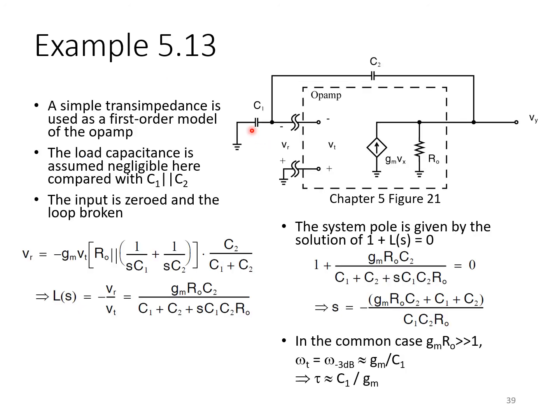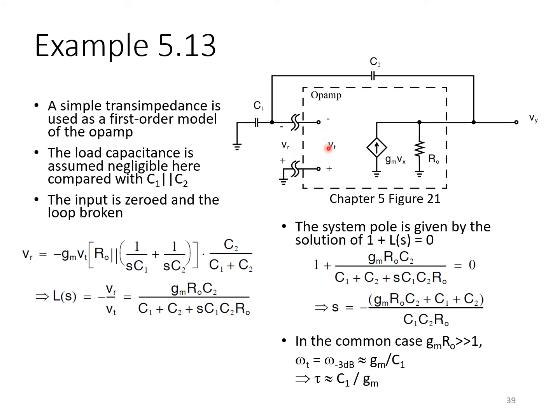Now, the analysis is more properly done by using a first order model of the op-amp and substituting it into the schematic. Moreover, we can set the independent source at the input to 0, that is, shorting it to ground, and we end up with a simple first order feedback network that can be analyzed. So in this case, we can break the loop here.